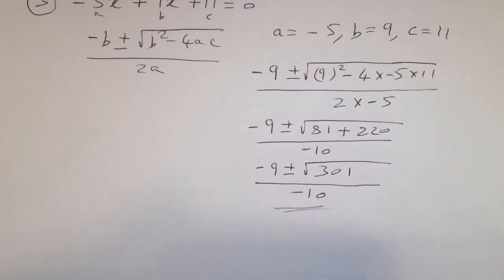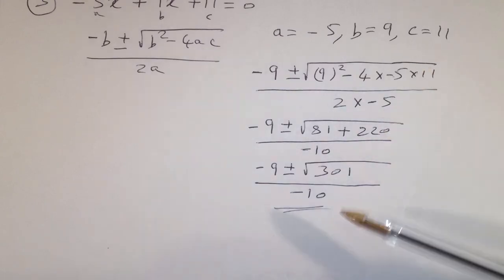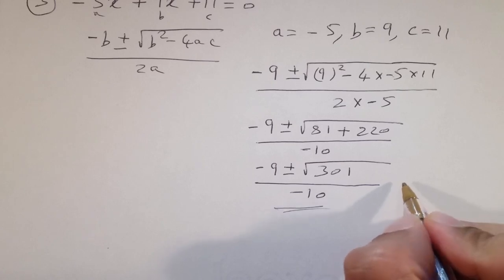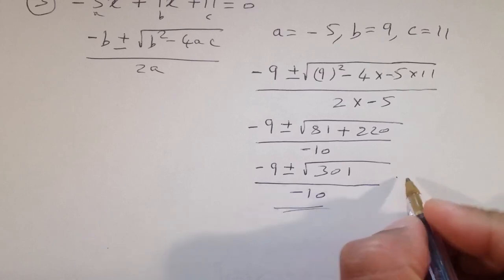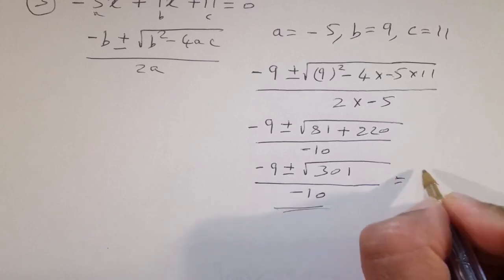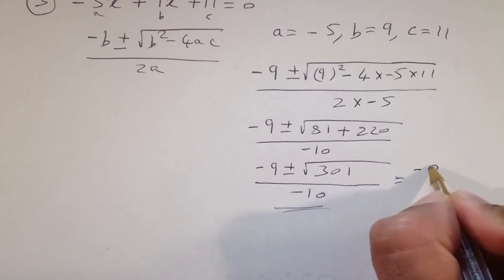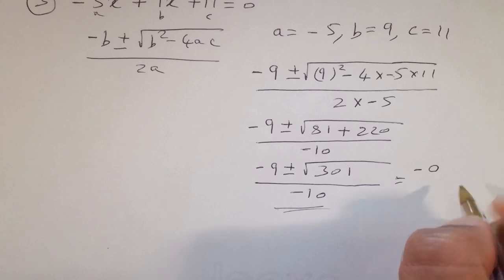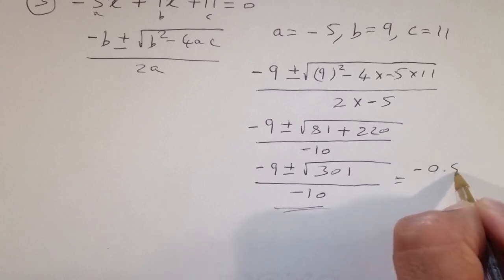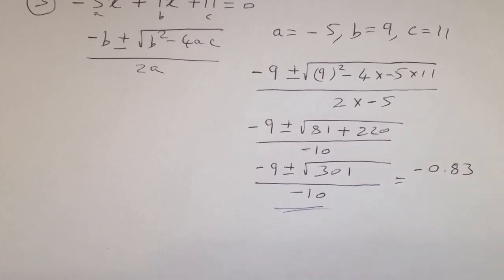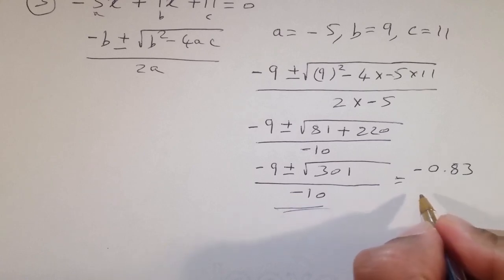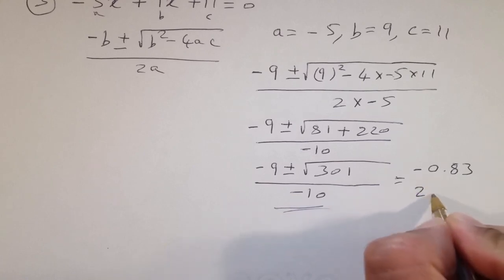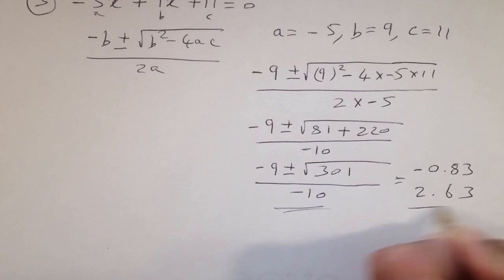If it's a calculator, any one, this or this, whichever you feel safe and confident with. So the final answer is, when I put plus minus 9 plus root 301 over minus 10, I'll get 0.83 with 2 decimal places. And the second one, I got 2.63. 2 answers. Yeah, that's it.